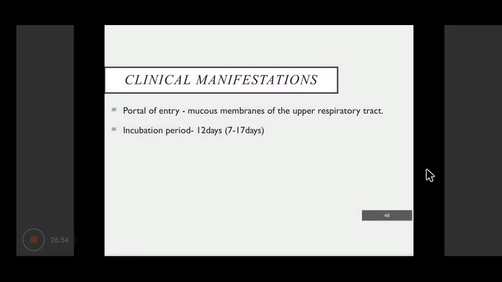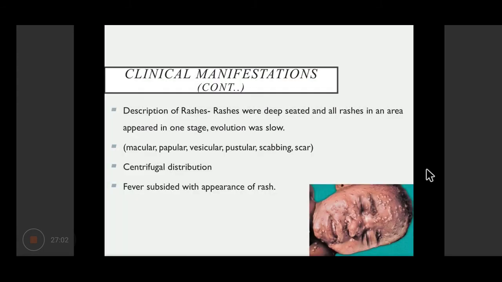The clinical manifestation of this disease: it was mainly spread through the respiratory tract. The incubation period was short, and the rashes were different from what we have seen in chickenpox. These rashes were deep-seated, involving deeper parts of the skin and subcutaneous tissue, and various stages of these rashes were seen.